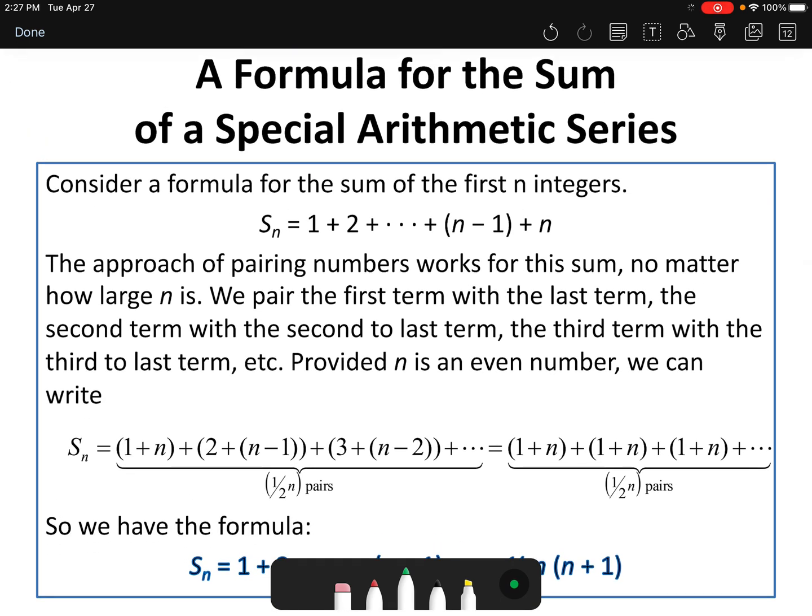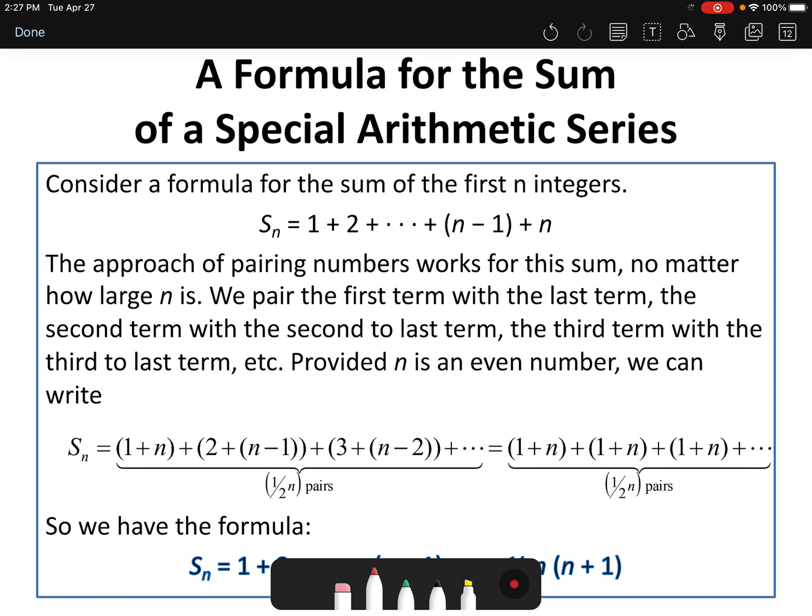So for the formula for the sum of a certain kind of arithmetic series, if we go to n terms, then this one is n minus 1, one less, then this one would be n minus 2 and n minus 3 and so on. So what we're going to do is talk about how this formula comes about, where we're just pairing numbers.